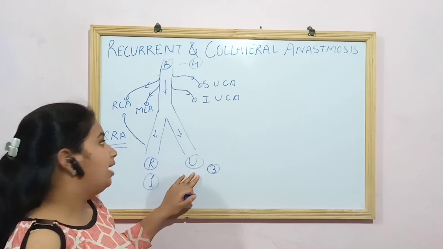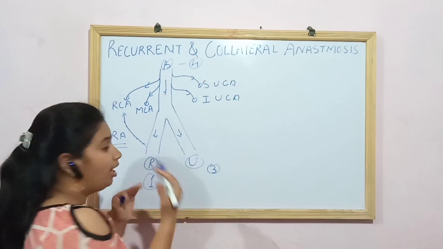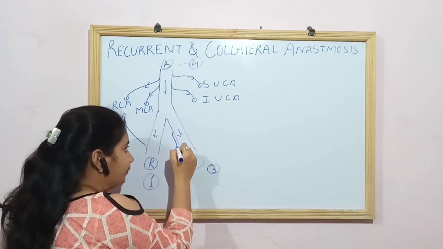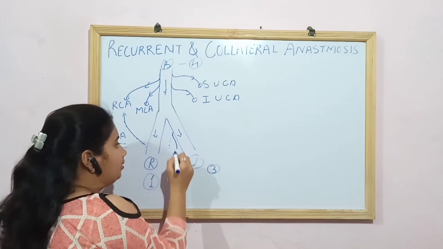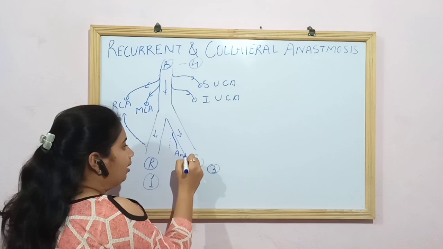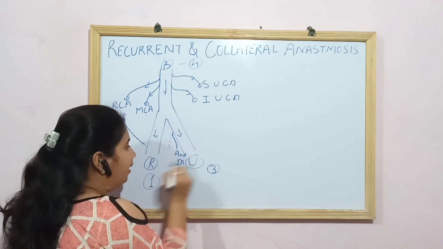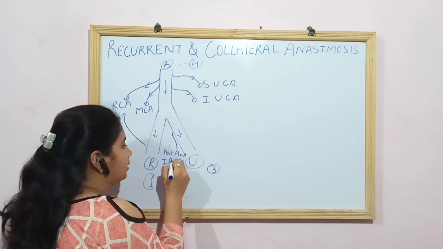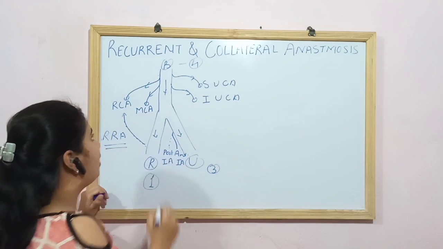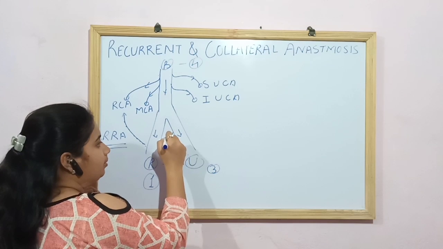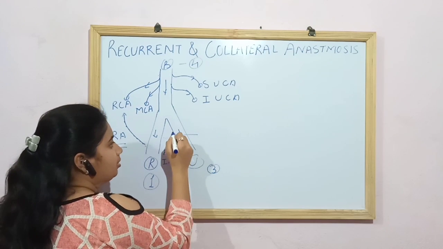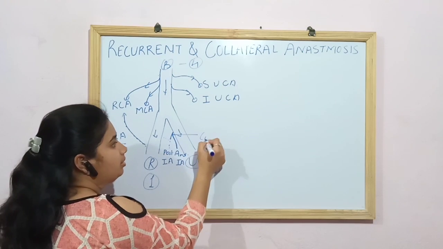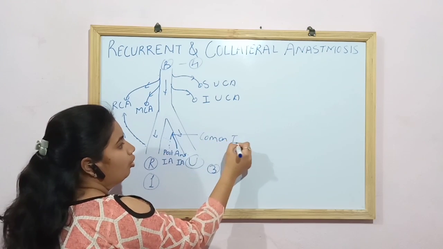Now the ulnar artery is again going to give branches. This is the anterior interosseous artery and this is the posterior interosseous artery. One branch is coming from this, the common interosseous artery, which first gives 2 branches, anterior and posterior.